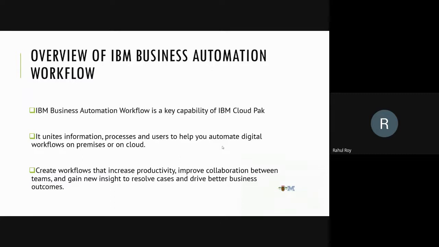Now we'll discuss IBM Business Automation Workflow, or IBM BPM, which we used to call it before. Over the last few years, IBM BPM has been renamed as IBM Business Automation Workflow. Most of you would still think, are there major differences between IBM BPM and IBM BAW?